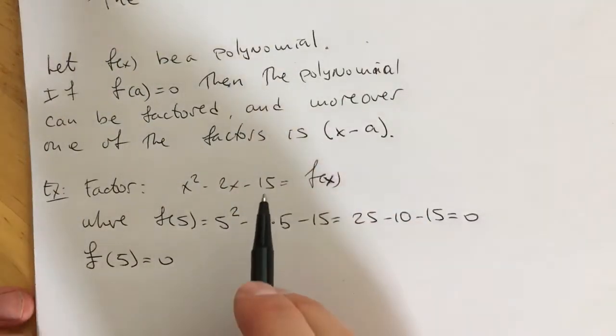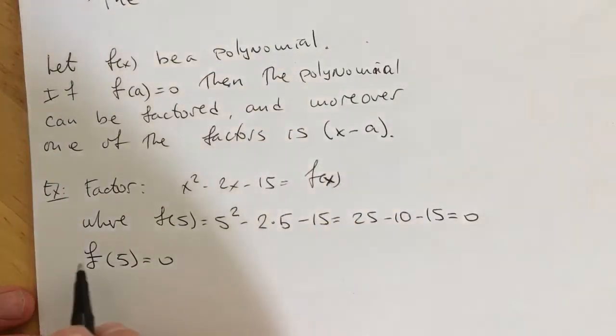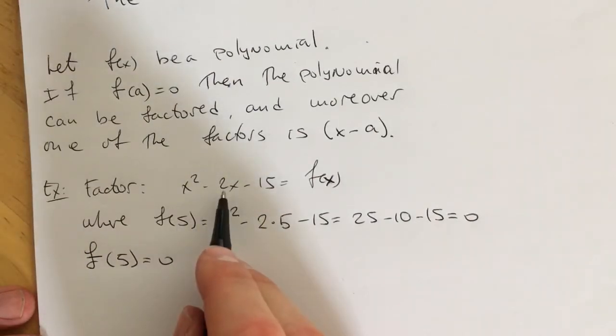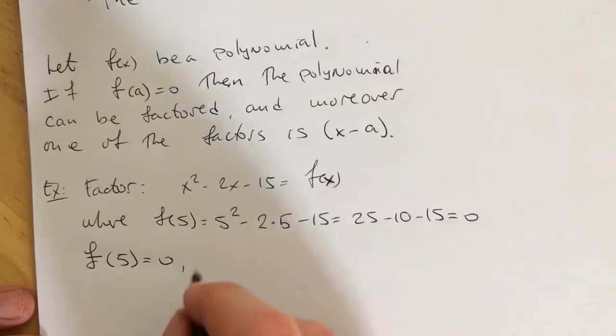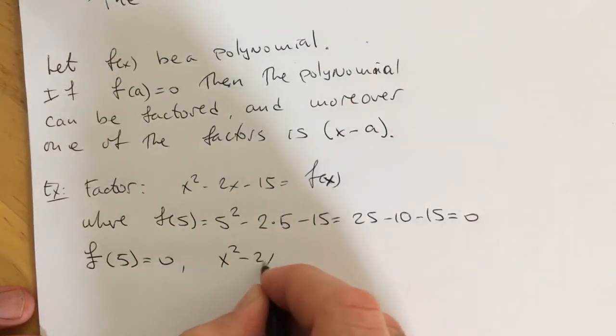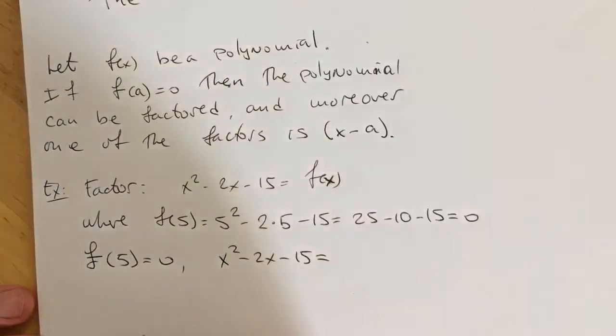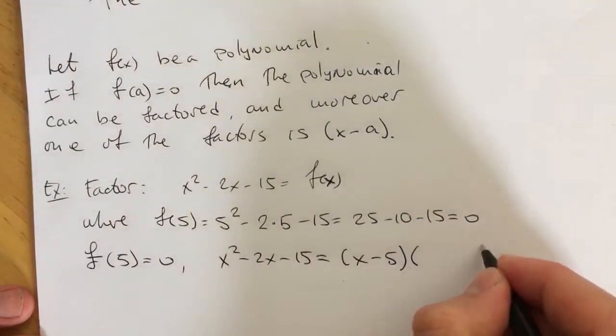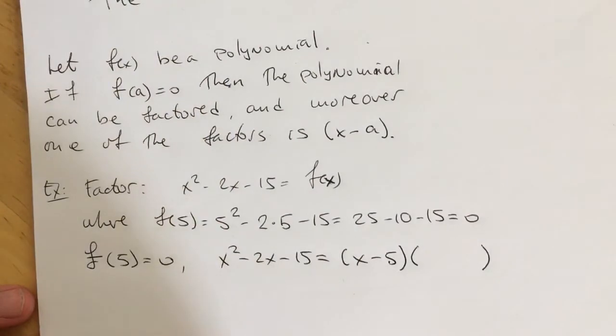And then the theorem says that if 5 gives you 0 for this polynomial, then one of the factors is x minus 5. Right? One of the factors is x minus 5.